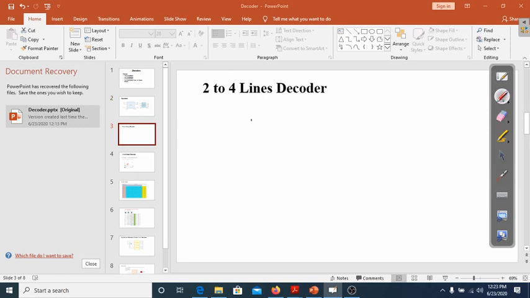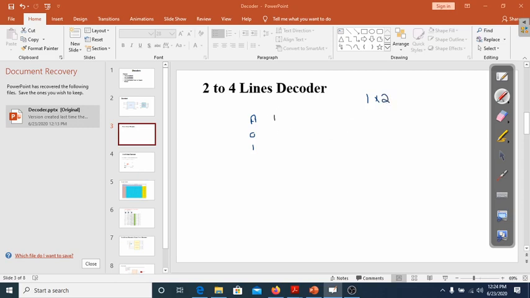Suppose we have 1 bit which has 2 possibilities. It could be a 0 and it could be a 1. So corresponding to 1 input, there would be the 2 possibilities. It could be a 0 or it could be a 1. So it would be a 1 cross 2 decoder.